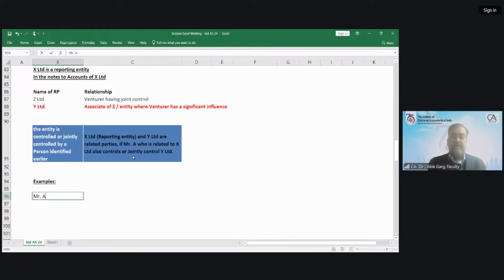Mr. A has control over A Limited and B Limited.